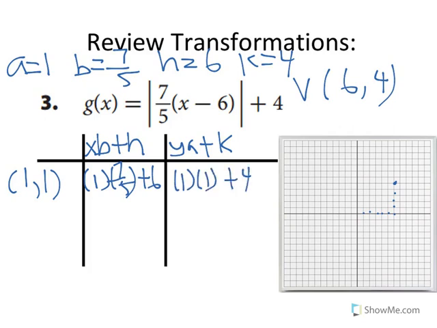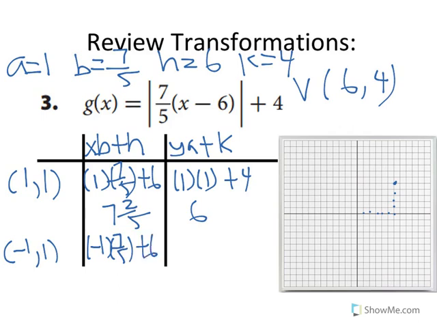So then this gives us 7 and 2/5, and this gives us a 6. (-1, 1) goes to -1 times 7/5 plus 6, and this is 1 times 1 plus 4. So then this gives us 4 and 3/5, and this gives us a 6.